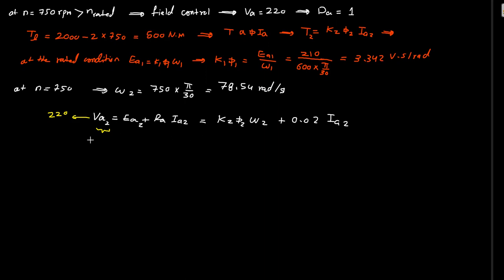So now we will have that 220 will equal to K2 phi 2 omega 2, already we calculated here, so this will be multiplied by 78.54 plus 0.02 IA2. So this is an equation with two unknowns. In order to solve it, we need another equation.